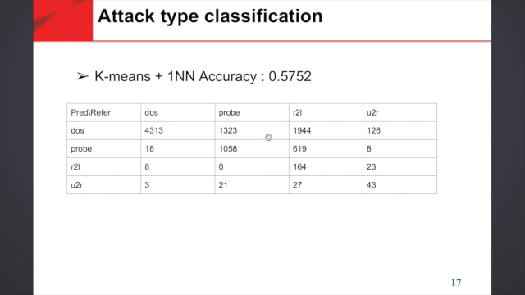We generate 5 centers for each type, and for each testing data I compare the data with existing centers and find which one is the nearest to this record.